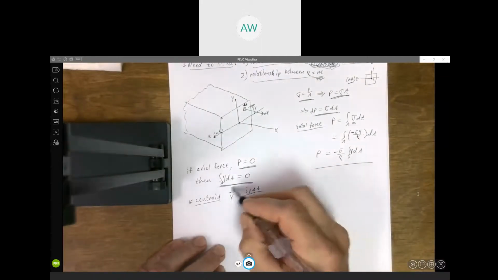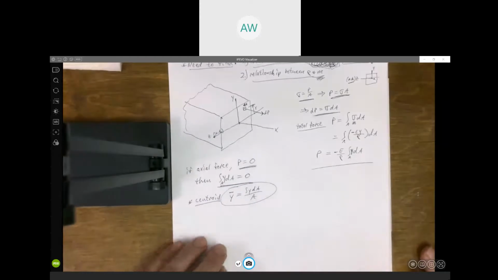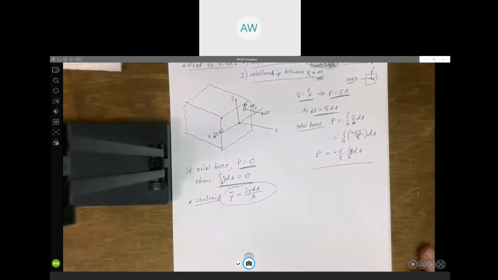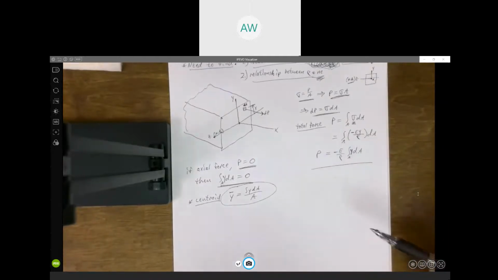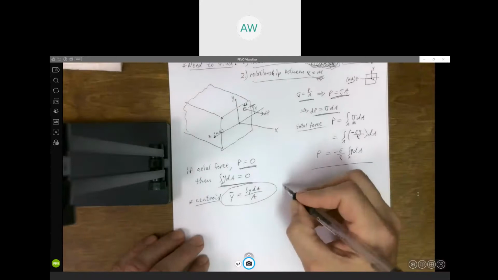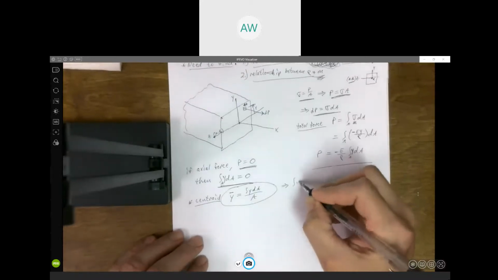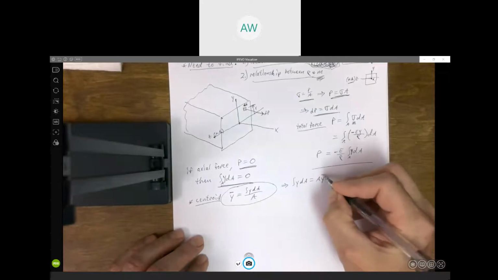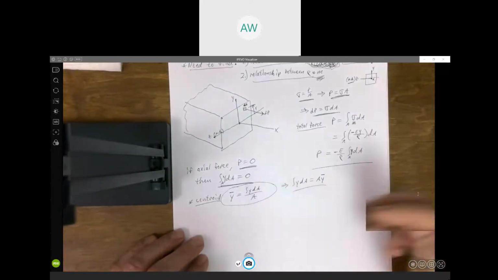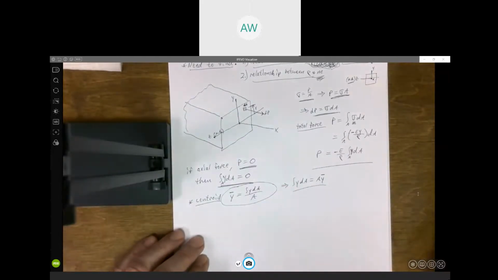This was the integral formula for calculating the centroid location. The numerator is the same integral we have now. So that integral, y dA, is equal to the area times y bar, which is the centroid location.